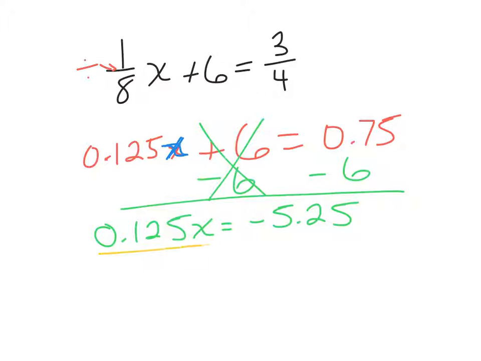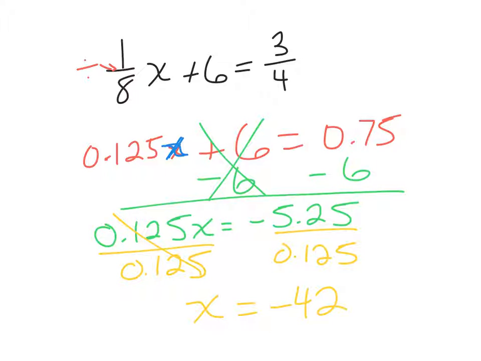And then to solve for x, to get x completely by itself, since x is being multiplied by 0.125, I'm going to divide. That cancels that out, and it leaves me with x, exactly what I want, and negative 5.25 divided by 0.125 would also give me negative 42.